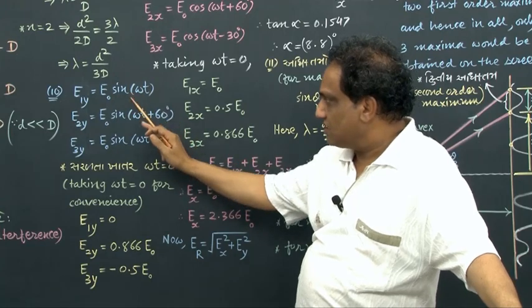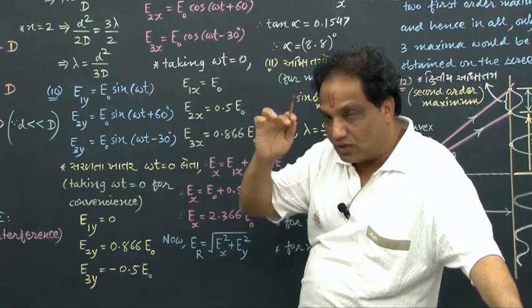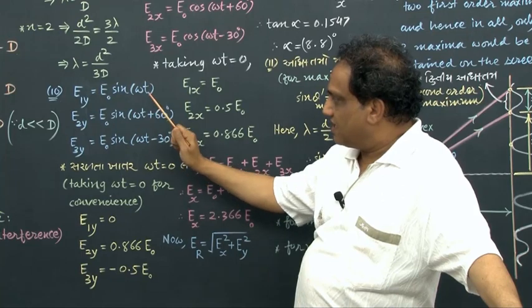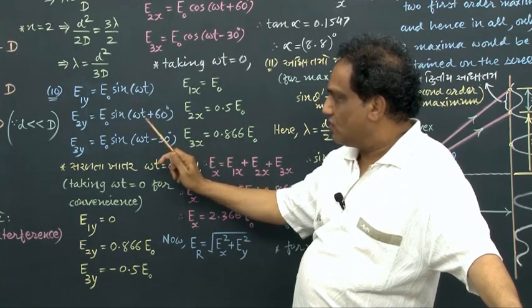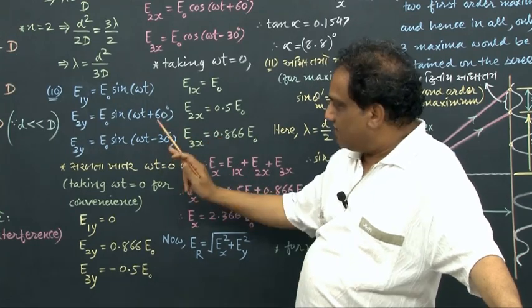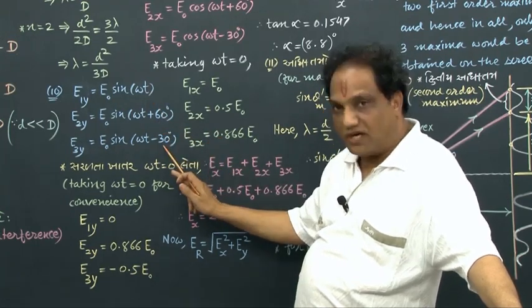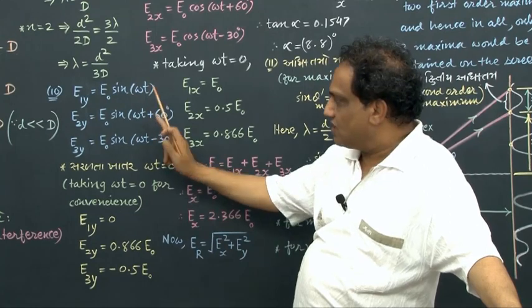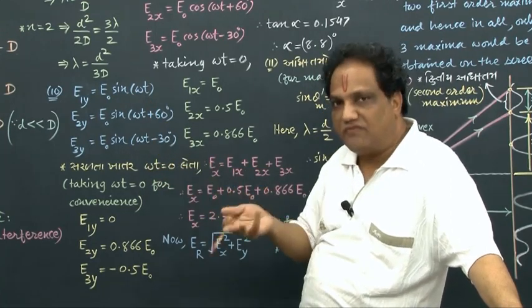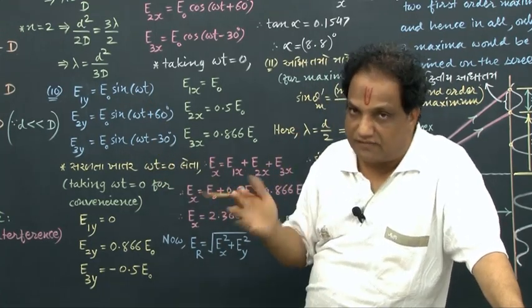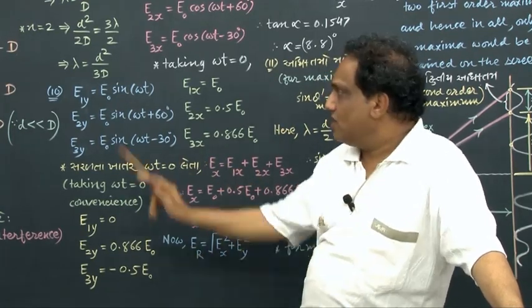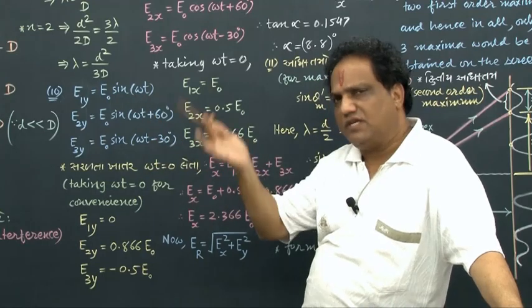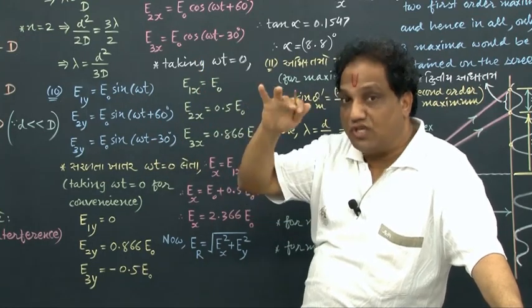You can see this phase is greater than this by 60 degree. So if you take 0 here, then 0 plus 60 will be 60 only. And this phase is less than this phase by 30 degree, so 0 minus 30 will be minus 30, which is less than 0 by 30 degree. So phase difference is important, that's why you can take any value of omega t. I am just taking 0 for convenience.